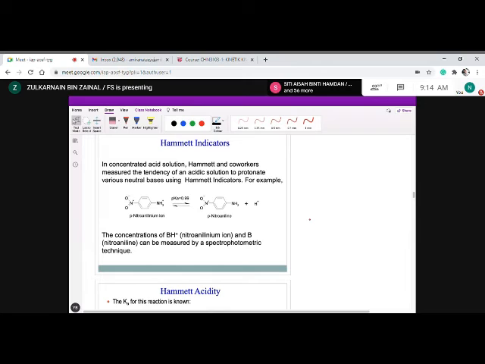But there are acids which are super strong, stronger than HCl, stronger than H2SO4 and so on. So how do we rate the acidity of these acids? There is another indicator that we can use. They call it Hammett indicators.